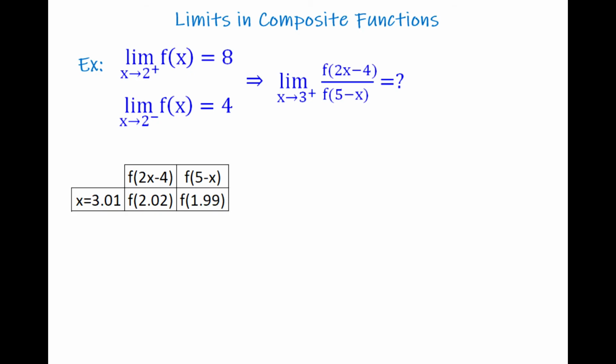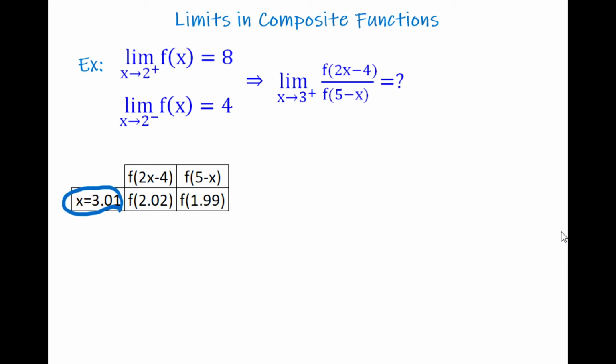Okay, guys, this is our last question. In this question, we are asked to find the limit when x goes to 3 from the right side of f of 2x minus 4 divided by f of 5 minus x. Here what we're going to do is, if you put 3, we're going to put something a little bit bigger than 3 because x is approaching 3 from the right side. Suppose that we are just putting 3.01 instead of x.